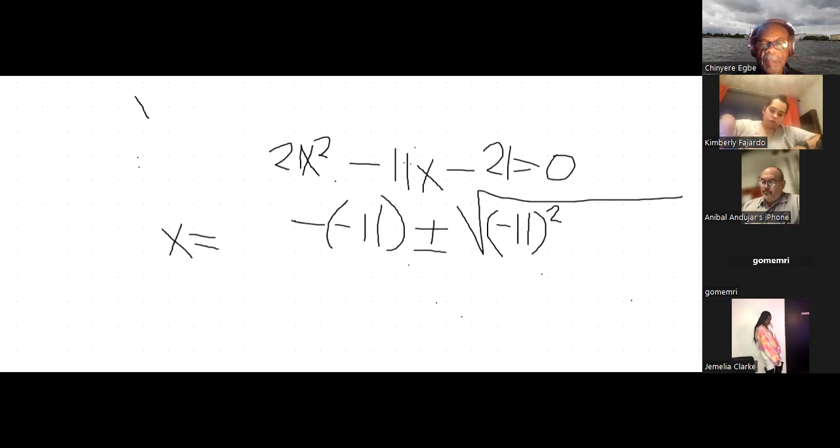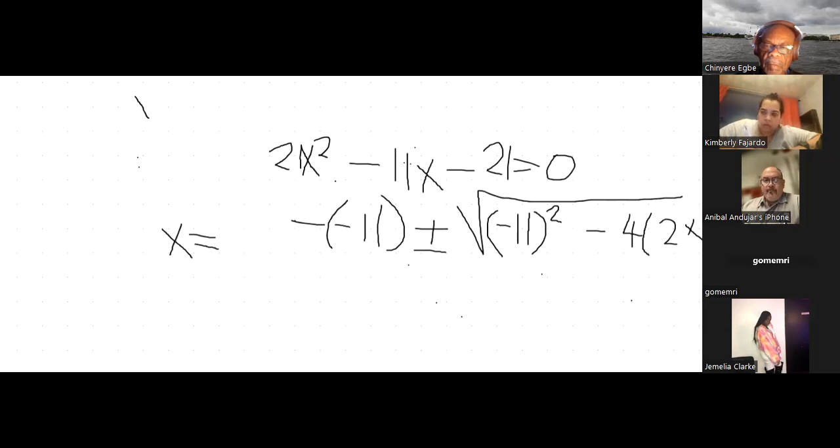Okay, b squared plus minus 4ac, which is minus 4 times ac, which is 2 times minus 21.